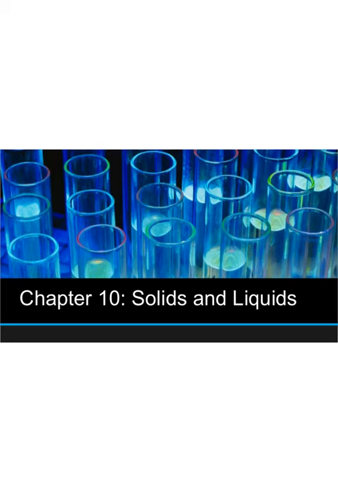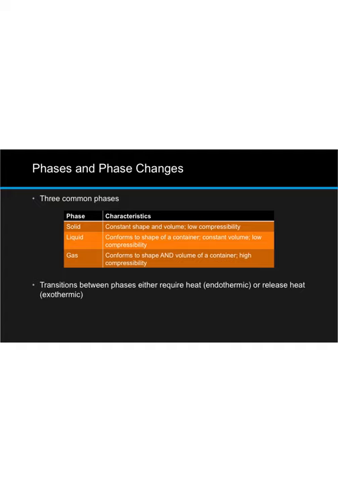In Chapter 10, we're going to move from discussing characteristics of gases to discussing solid and liquid phases. Recall that the three common phases of matter, solid, liquid, and gas, can generally be distinguished from each other by these sets of features.